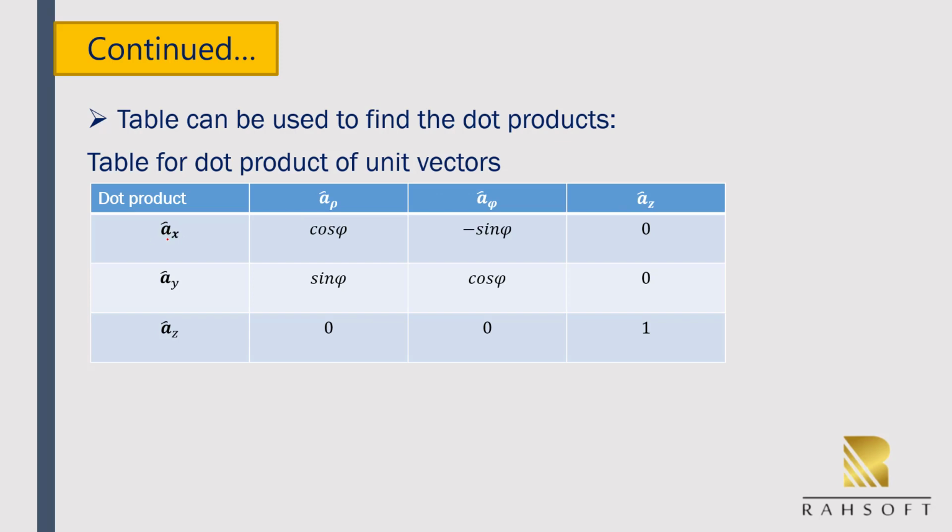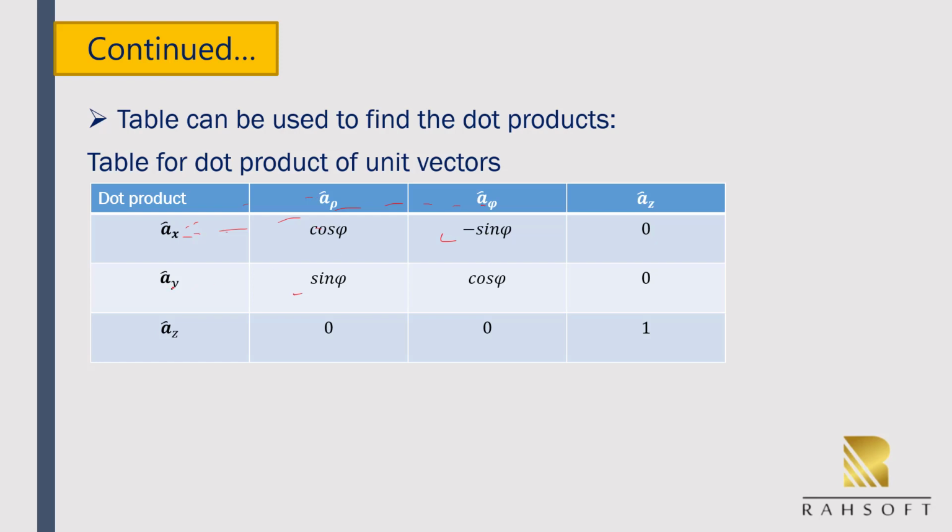So unit vector ax dot unit vector a rho equals cos phi, unit vector ay dot unit vector a rho is equal to sin phi, and unit vector ay dot unit vector a phi is equal to cos phi. You just have to take the dot product of these terms, you will get this one, then the dot product of this one, you will get this term.